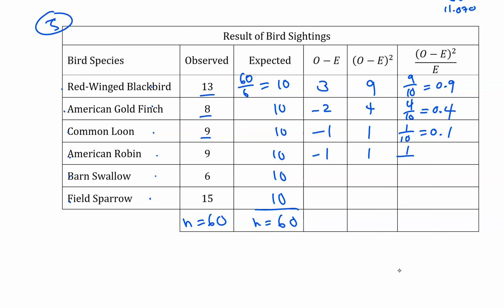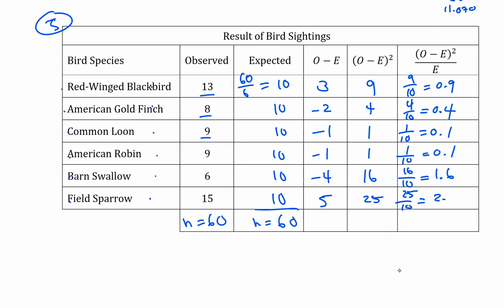Same thing for the next one. 6 minus 10 gives me -4. -4 squared gives me 16. 16 divided by 10 gives me 1.6. 15 minus 10 gives me 5. 5 squared is 25. 25 divided by 10 gives me 2.5.